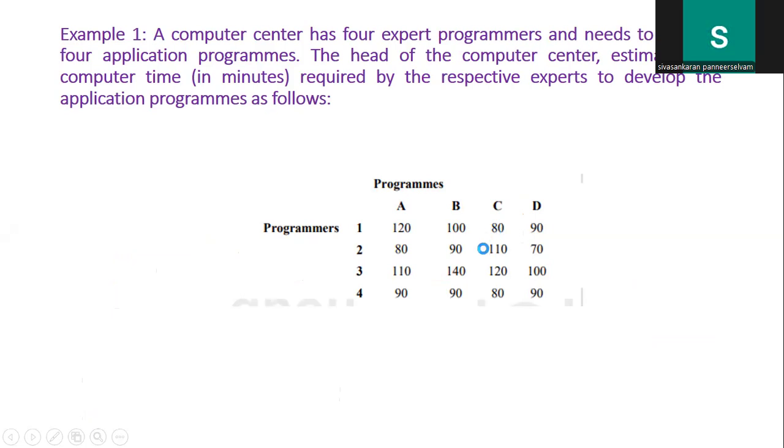Similarly, second row, 70, third row, 100, fourth row, 80. So in each row you have to identify the minimum element, and we need to subtract the row minimum from the corresponding row numbers.